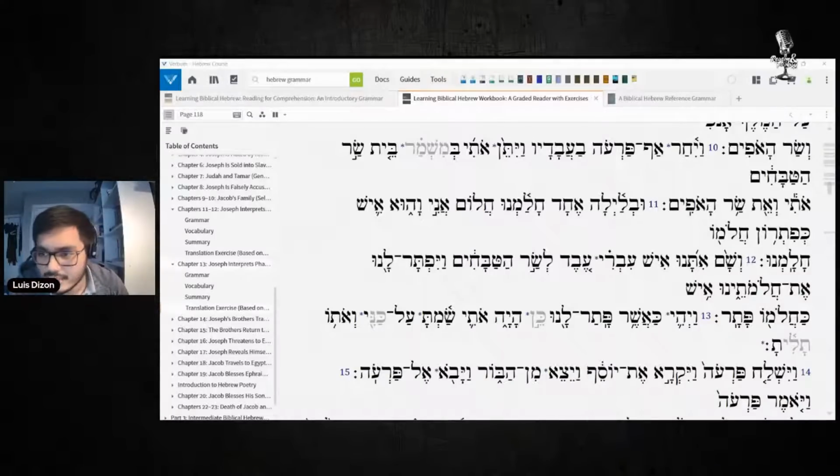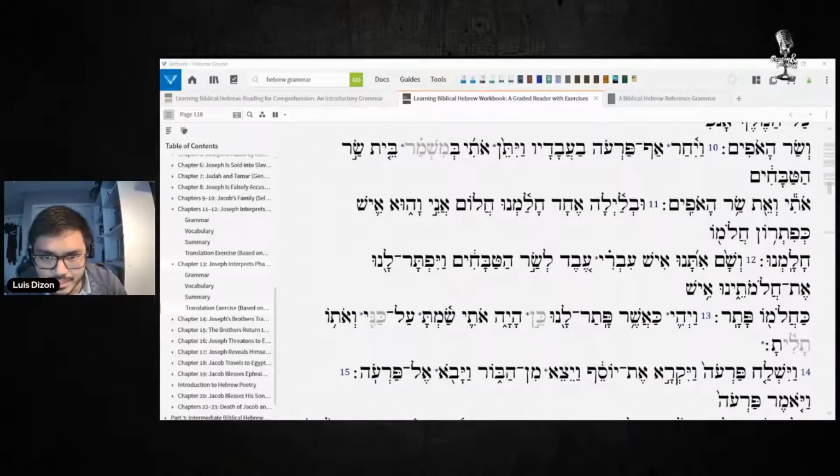Actually, in this case, correction, I think this one is a noun form, whereas this is the verb. See, this is where it can get confusing if you're not careful. Our dream and we dreamt would look very similar in Hebrew. The way you will tell the difference is with the voweling, and of course the context helps.